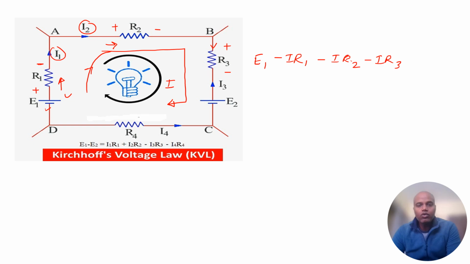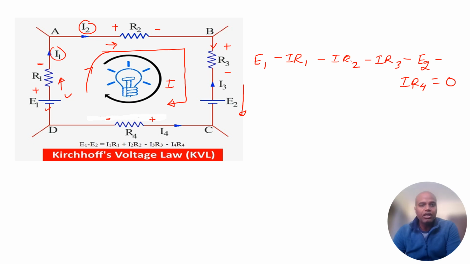Now going from higher potential to lower potential for E2, this becomes minus E2. Finally the current I is entering R4, so this becomes plus and this minus, so minus I into R4 equals 0. So this is the equation when I'm considering the loop current.